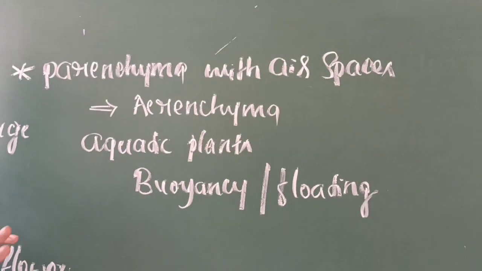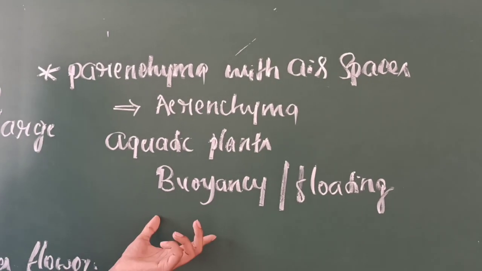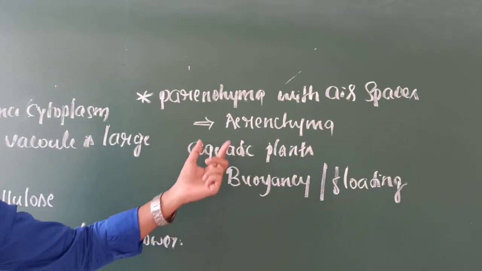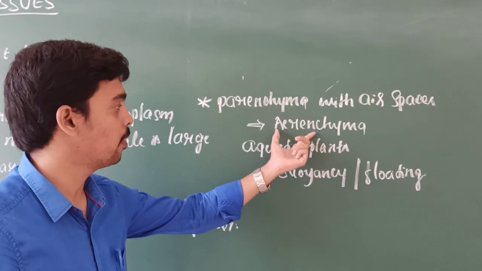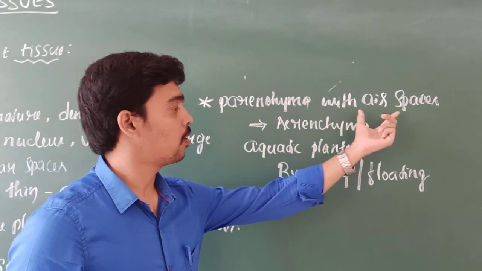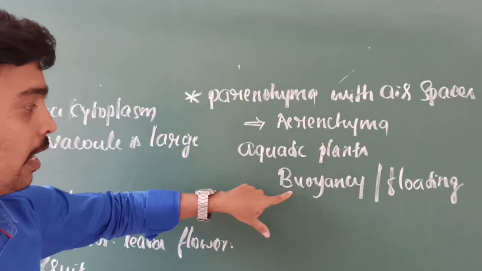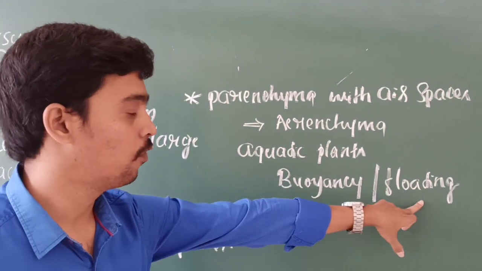You already know aquatic plants, the plants which are present in the water, float on the surface of the water. Why do they float on the surface of the water? Because of the presence of aerenchyma. Aerenchyma means parenchyma with a number of air spaces. It is present in aquatic plants and helps in buoyancy or floating.